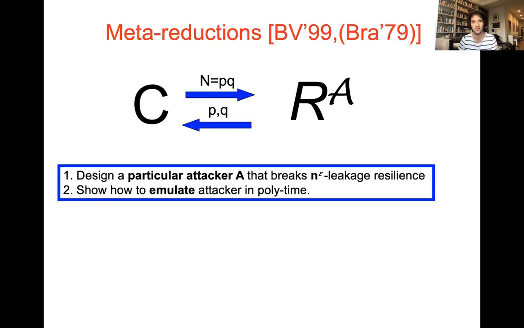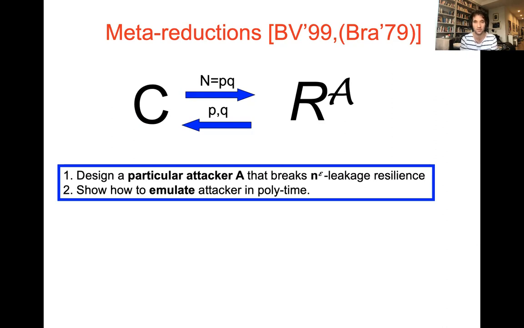This is the way the meta reduction approach works. Let's say we have some black box reduction R, and we'd like to prove that the existence of such a reduction can be used to break the assumption on its own. So this is how we do it. We design one particular attacker A that's going to break the purported security of the scheme we're interested in.